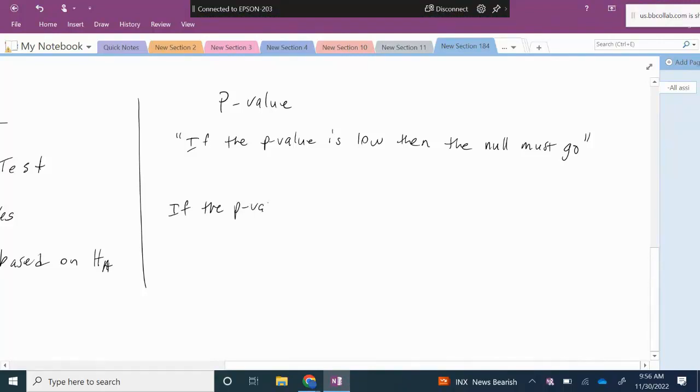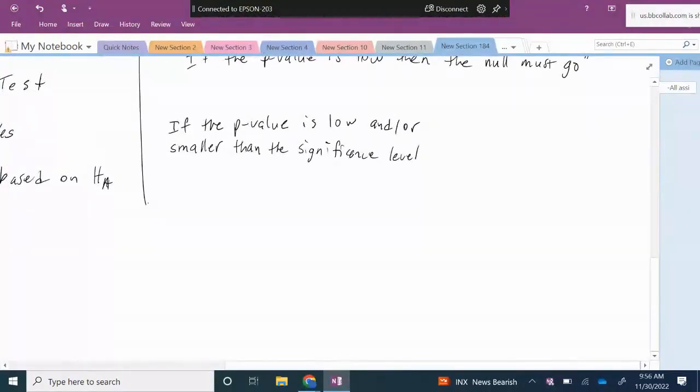If the p-value is low and/or smaller than the significance level, then you're going to reject the null hypothesis.